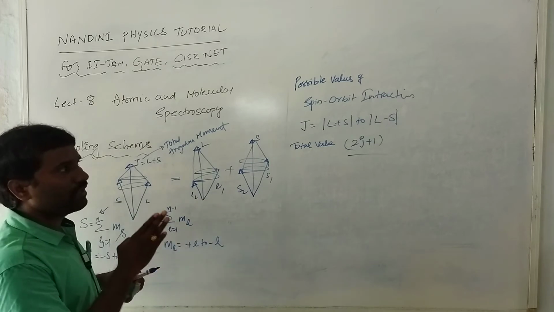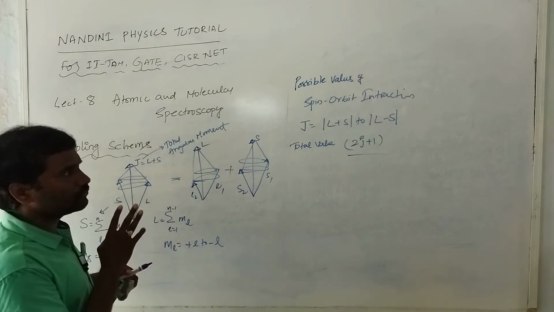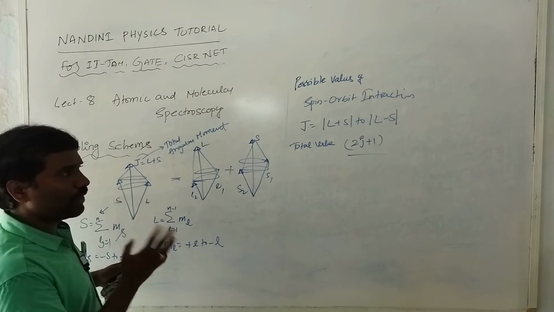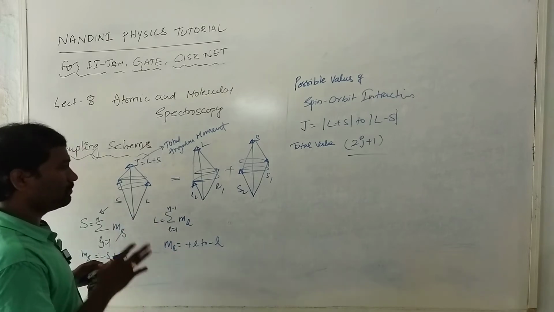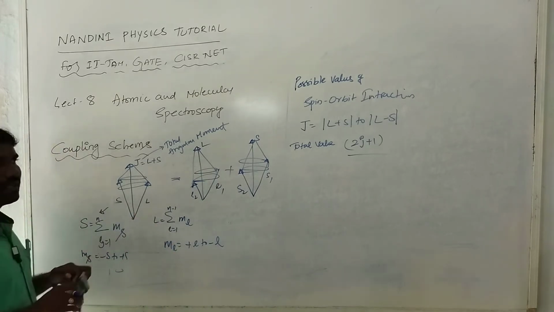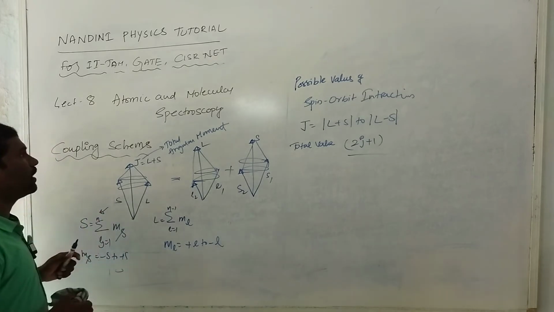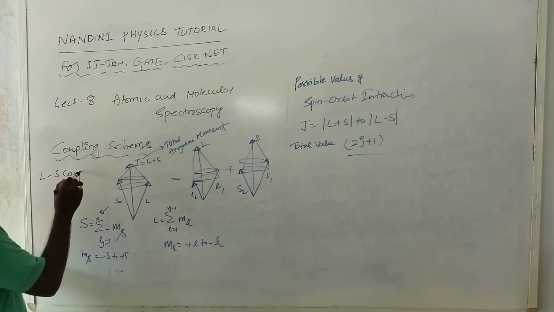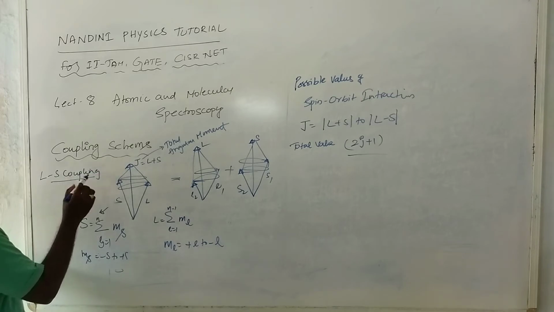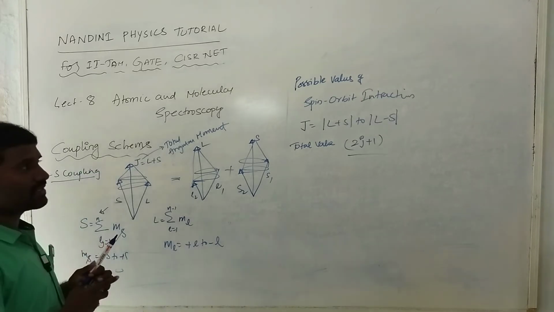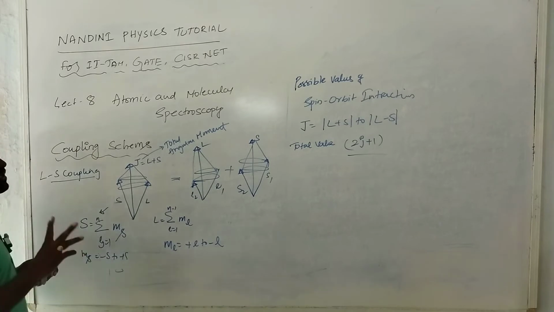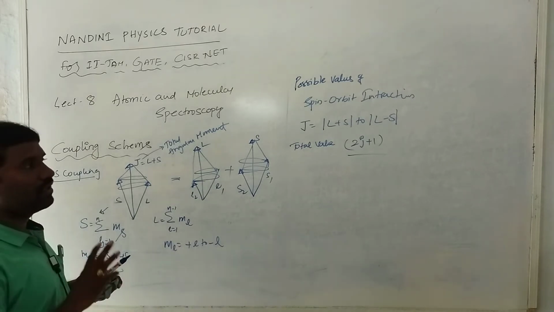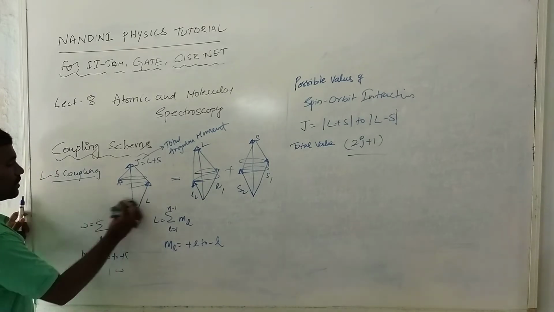I'll do two examples in the same way, and this final coupling is called LS coupling. One more coupling is there, JJ coupling. I'll explain JJ coupling in the next class, because before going to fine structure I'll explain that coupling.